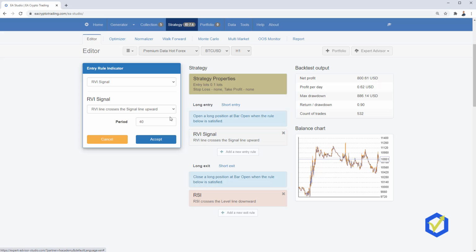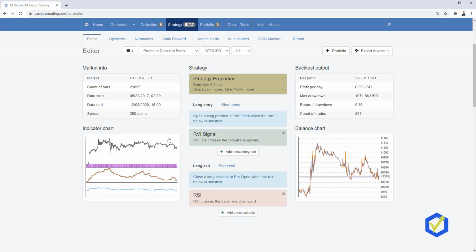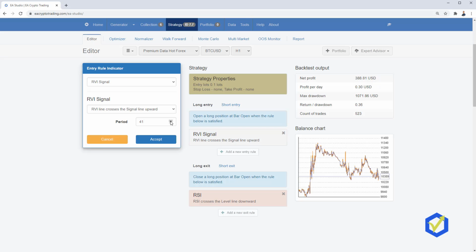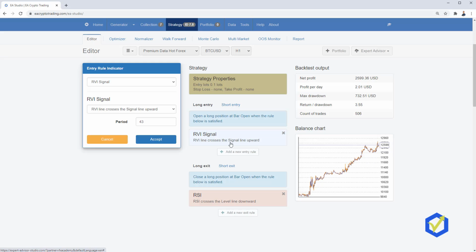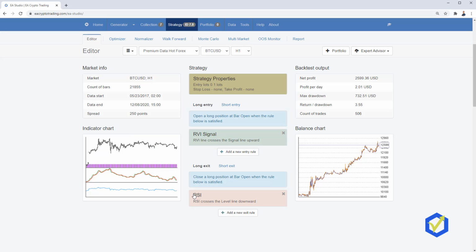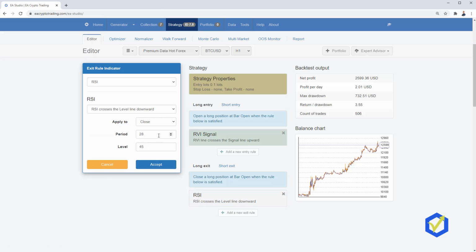Now I will start increasing as well the RVI. I click on accept. Let's go to 3. Accept. Oh, here we have much better results. Okay, so you see that I have hundreds of options actually for parameters, and especially if I use a few indicators.